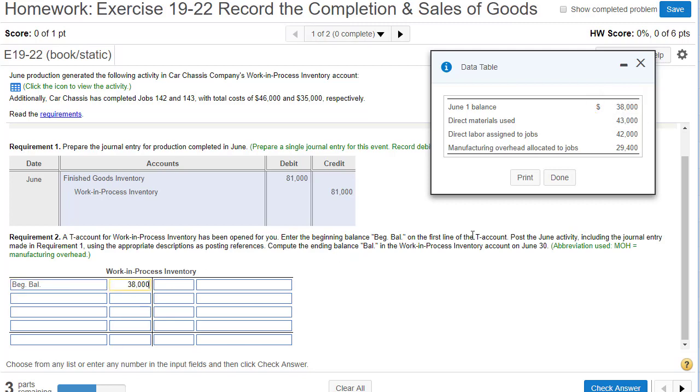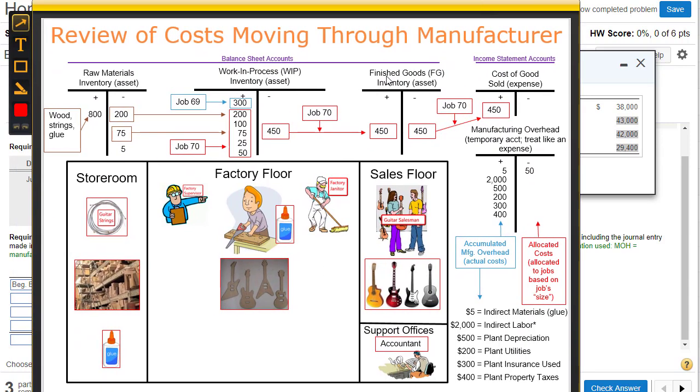All right. Post the June activity, including the journal entry. The journal entry is right up here. Made in requirement 1, using the appropriate descriptions as posting references. Compute the ending balance. All right, MOH, remember, stands for manufacturing overhead. So these three costs are similar to these costs over here from the slides.